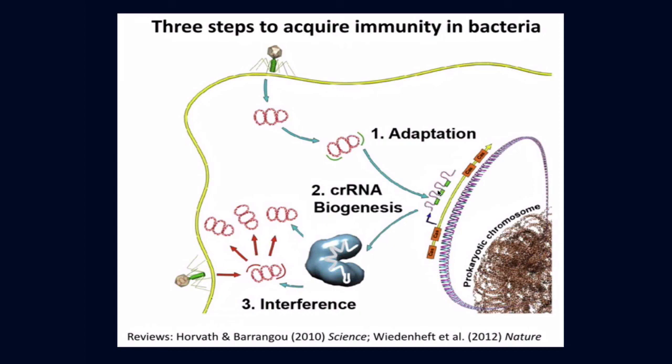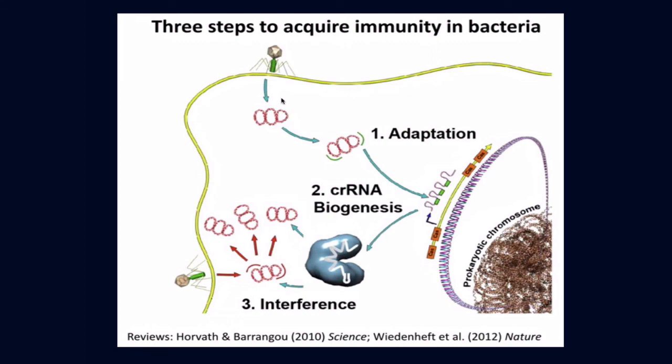So anyway, these little regions of the repeats and the spacers essentially get processed, chopped up into little bits, and the spacers bind complementarily to viral DNA or viral RNA that infiltrates the host cell.